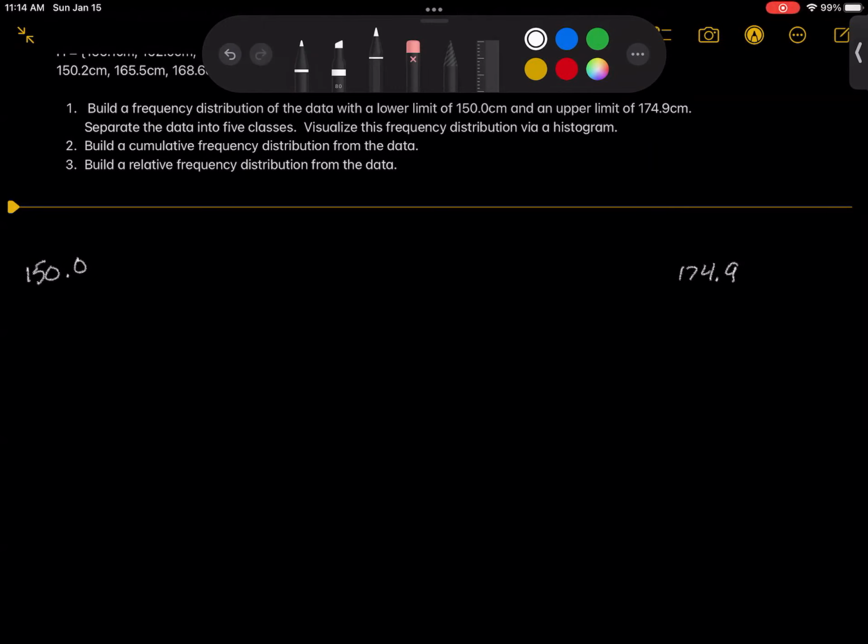All right, so that's my lower limit, and my upper limit, that's the range of the distribution that I want to build. And I want to separate my data into 5 equally spaced classes. 1, 2, 3, 4, and 5.